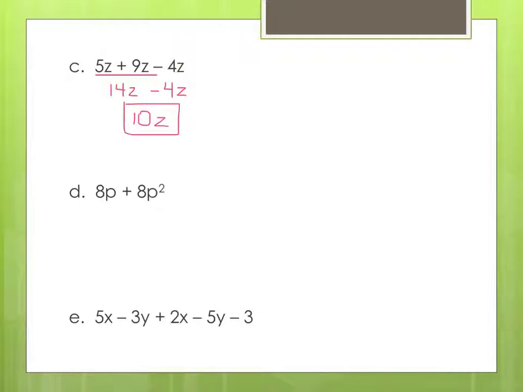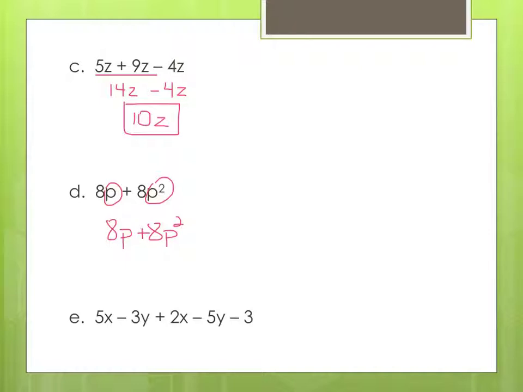D, I have 8p plus 8p squared. Well, p and p squared are unlike terms, so I cannot simplify this any further. So this would just stay 8p plus 8p squared. There's not a way for me to simplify it.